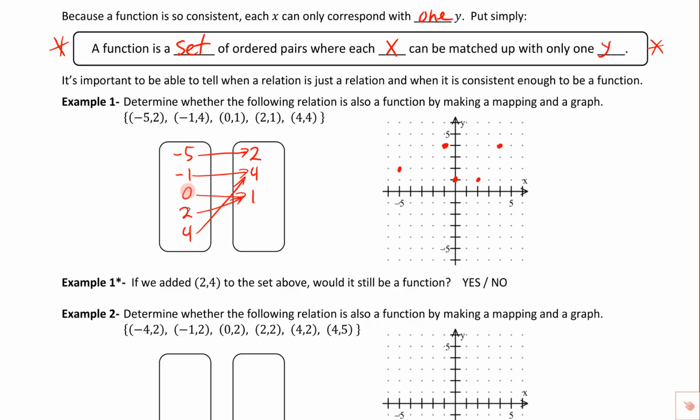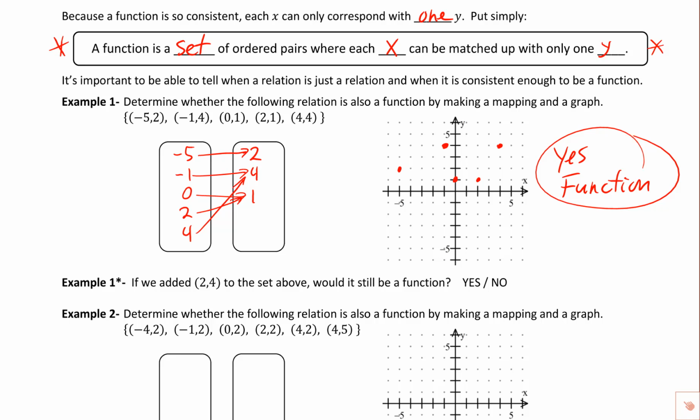We've got the -1 and the 4 also corresponding with 4, but it's totally okay because you'll notice that there's only one line going out of each one of these. We're only mapping each one of these to one of them over here. So this one is a function, okay? So we're going to write, yes, this is a function, because each x corresponds to only one y.